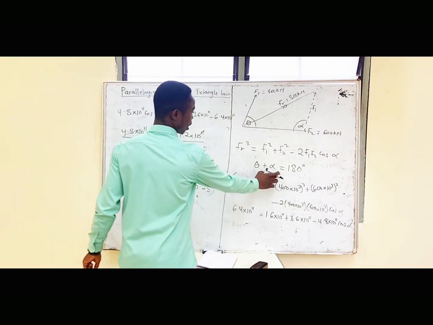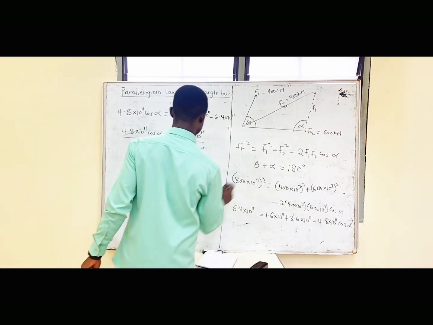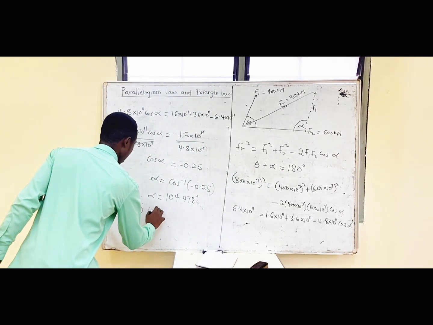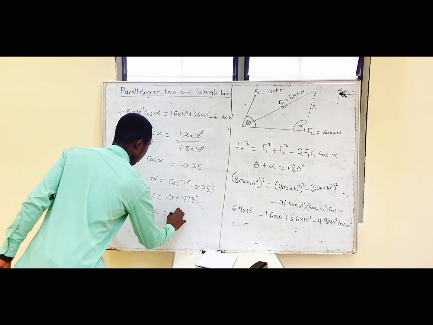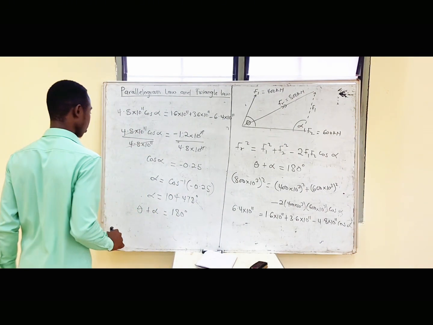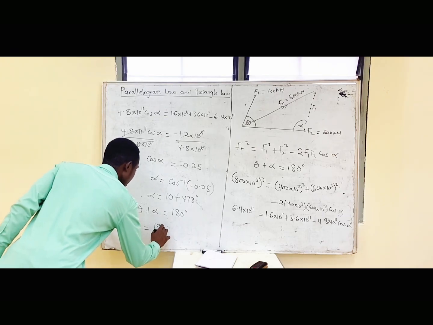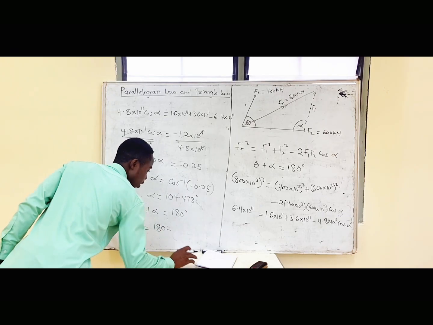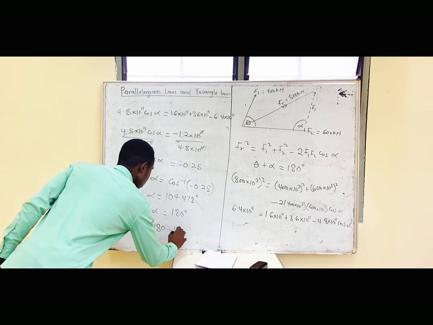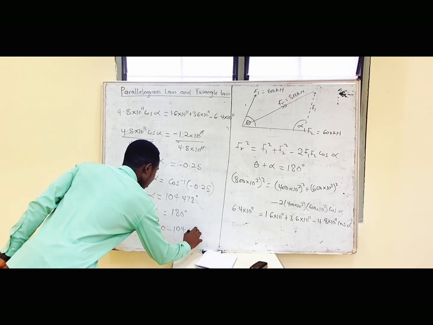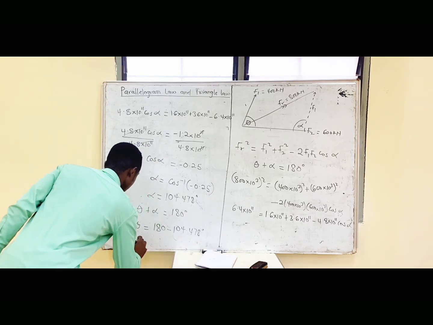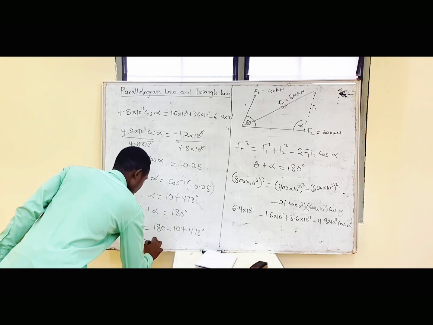So we come back to this particular formula, which is theta plus alpha equal to 180 degrees. So theta will be equal to 180 minus our alpha, which is 104.478 degrees.